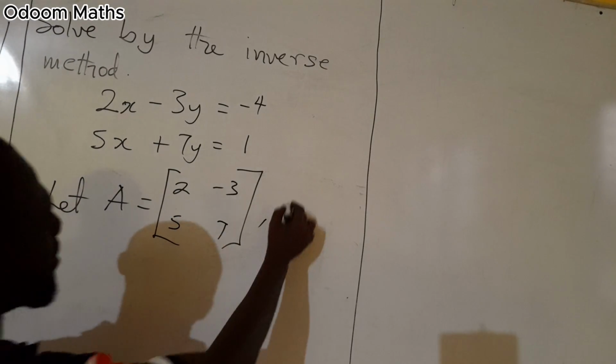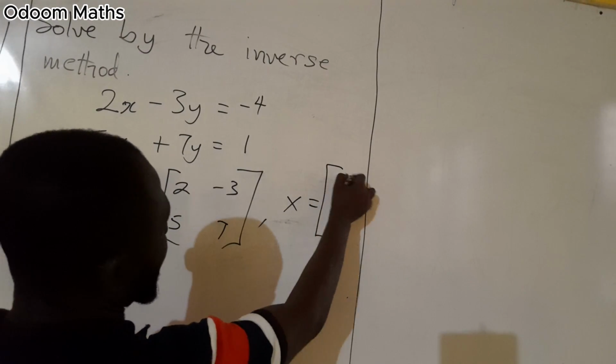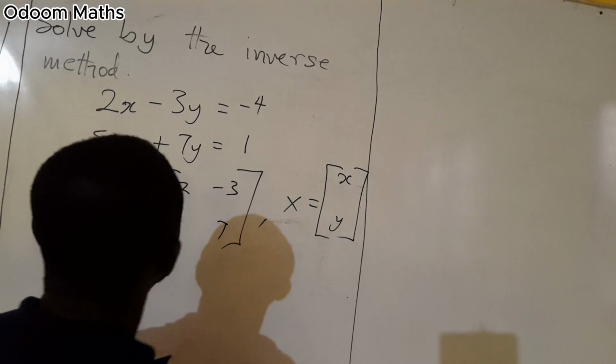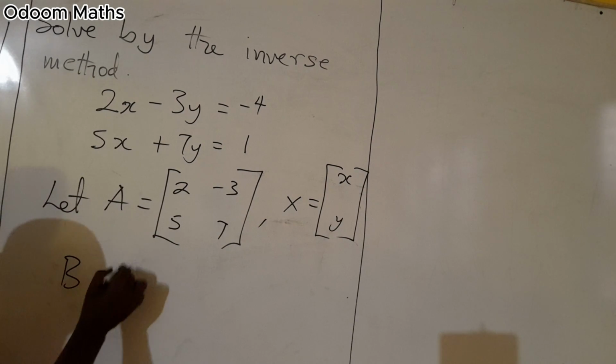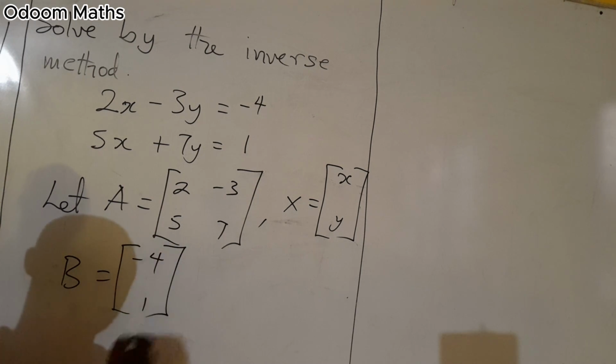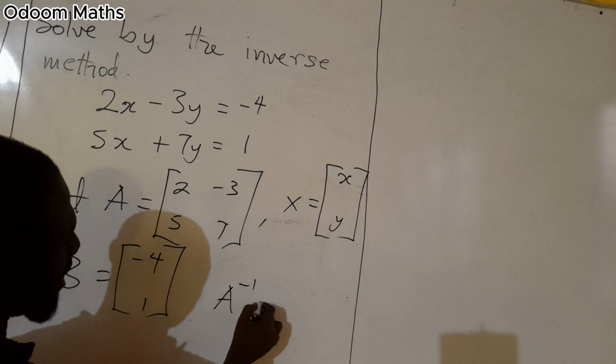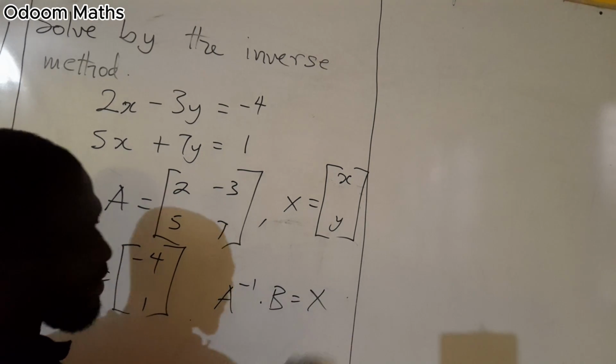And again, let X be equal to x, y, and our B is negative 4, 1. So don't forget that A inverse times B should give us X.